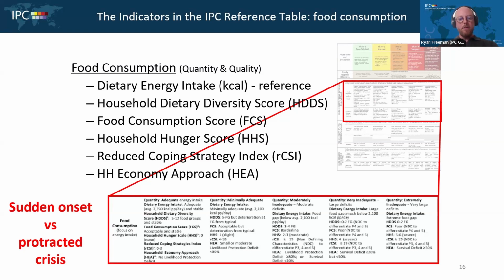So this is very helpful for IPC analyses, because when we start moving to, let's say, non-urban environments, it's a very, very helpful practice to talk about the household economic approach and what this means in terms of the livelihoods they have, the impact on the livelihoods, and what type of protection deficit.